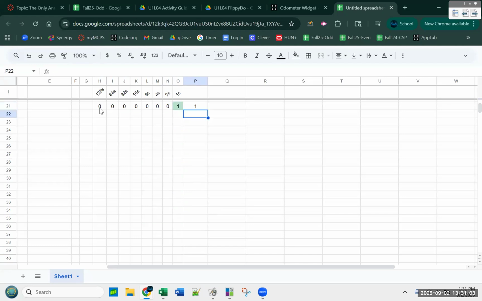That's equal to 1. Okay, the next one is all zeros except a 1 in the 2 column, which is 2. Those are the ones they've given you. The next one is 8 bits with all zeros except a 1 in the 4s column. What is that? Well, question mark.